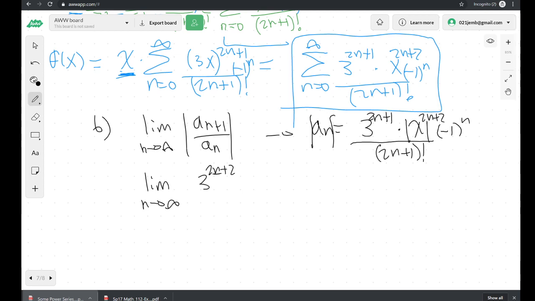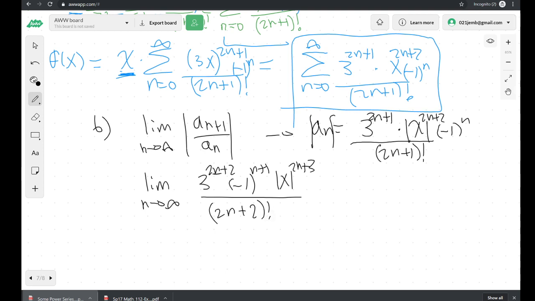So that's going to be 2n plus 2. Okay, that's going to be multiplied by the alternator, negative 1 to the n plus 1, and then times x to the 2n plus 3, right? Because you're just adding n plus 1. Okay, so all of that is going to be divided by 2n plus 2 factorial.